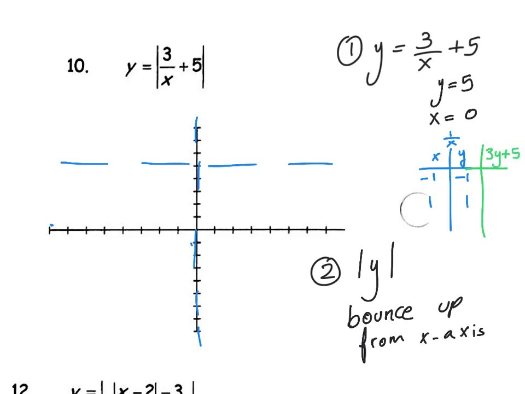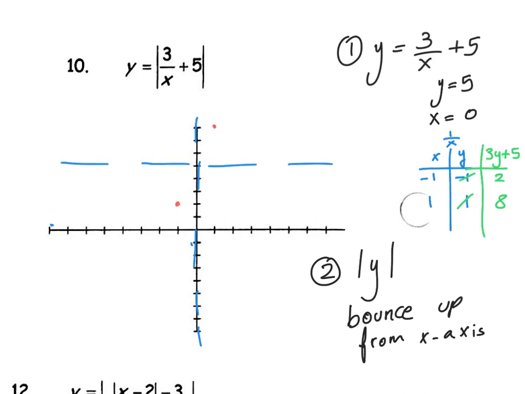So that will help me decide that my new points are going to be 2 and 8. The x value did not change since I do not have a b value or an h value. So let's plot those points. So that's negative 1, 2, and the other one is 1, 8, which is somewhere over here.